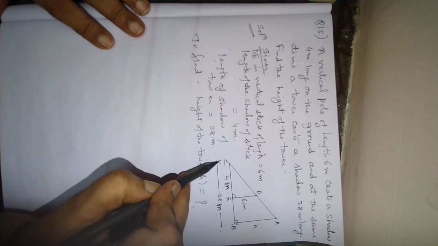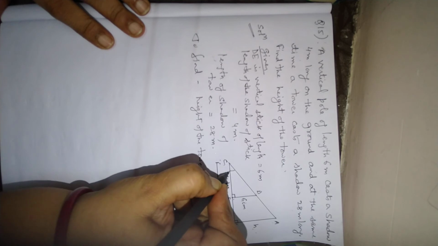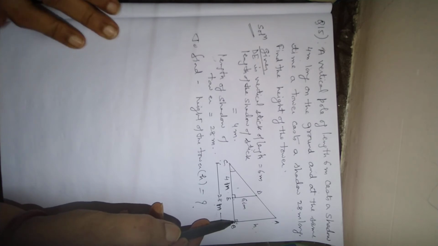Now just see in triangle ABC and triangle DEC, this stick and the tower are making 90 degrees. So these two angles are 90 degrees. And angle C is common in both the triangles. So the two triangles are similar by AA criteria.